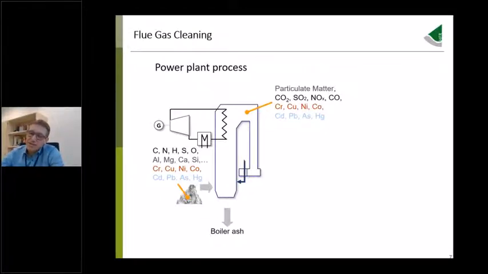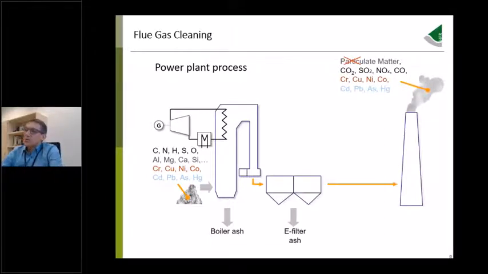On the one hand side in the mobility sector, but also in the stationary combustion sector. So we get continuously stricter emission limits, which is partially on European level as well. So we do need to separate ash from this flue gas.